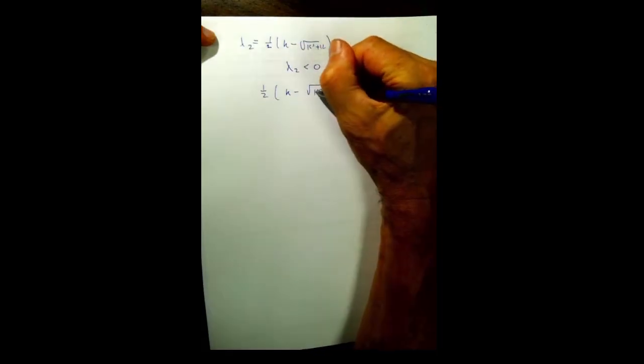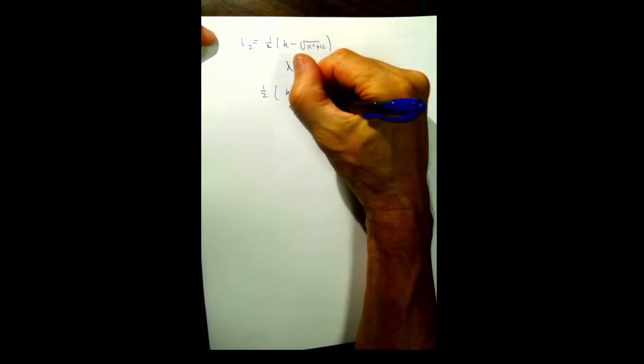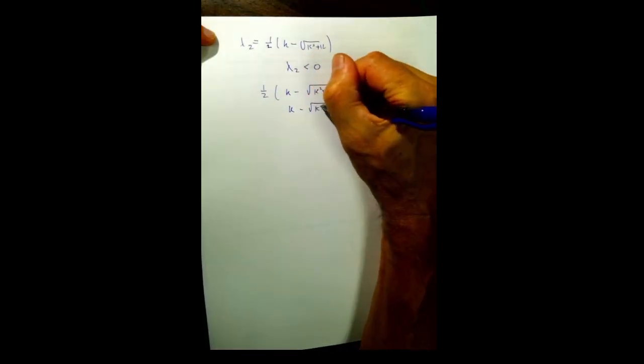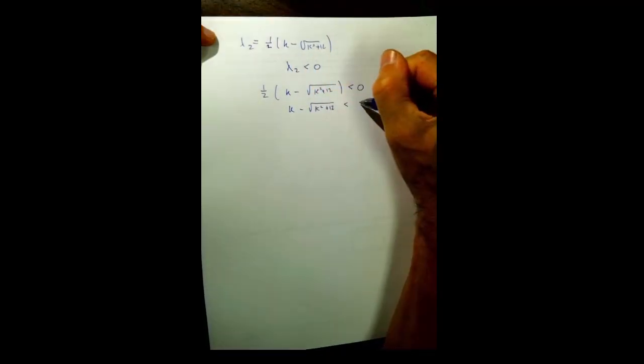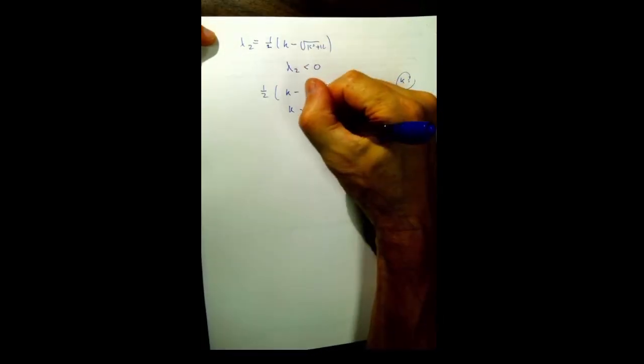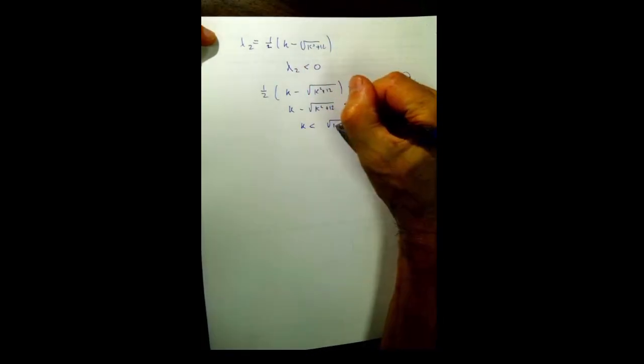So I have 1/2 of k minus the square root of k squared plus 12, I think is negative. I think it's true for all k, I'm not sure. So I multiply both sides by 2, and I get 0 on the right. Let me add square root of k squared plus 12 to both sides. And the question is, is this true?